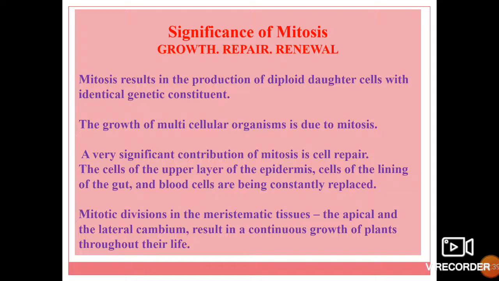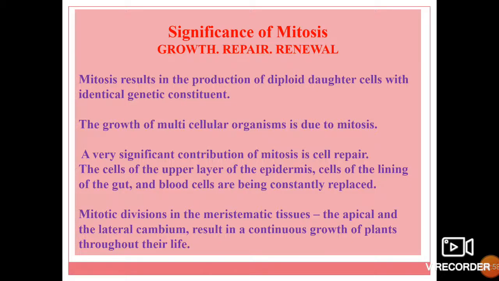So the main significance of mitosis is the maintenance of the biological system, the growth of the biological system, and the renewal of those cells which have a periodicity and have to be replaced by fresh and vigorous cells.